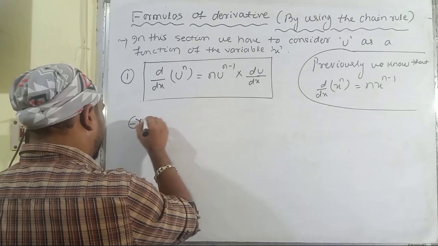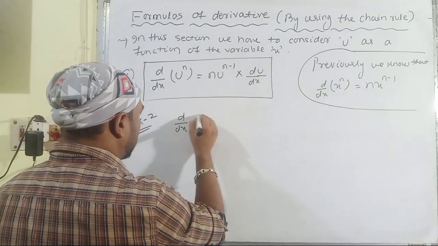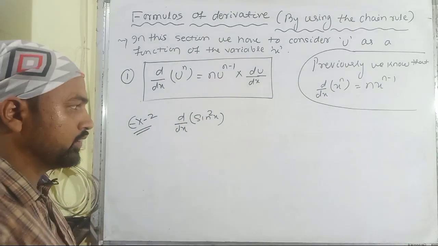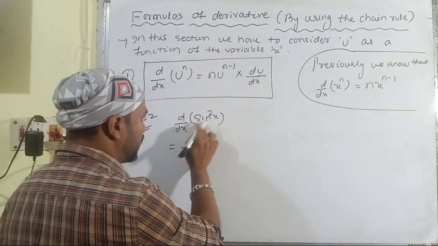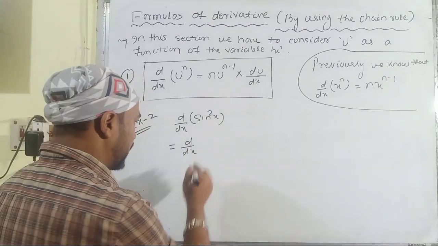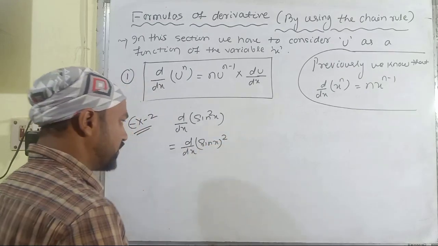So example number 2, let us differentiate sine square x with respect to x. First of all, let us convert this sine square x into the form of u to the power n. So it can be represented as whole square of sine x.